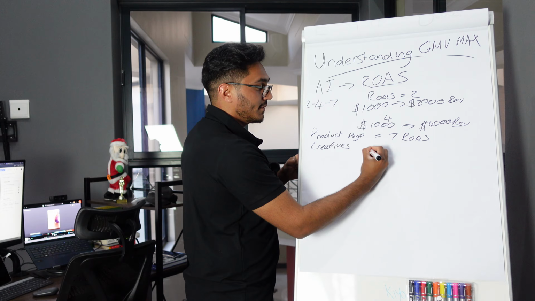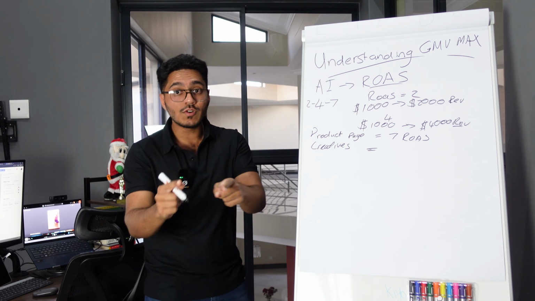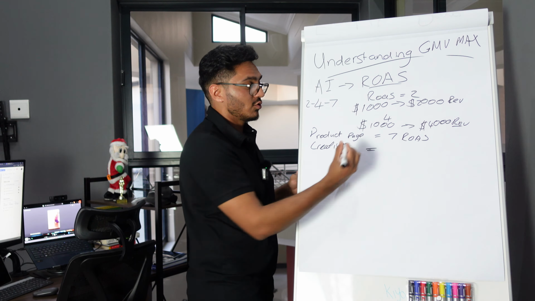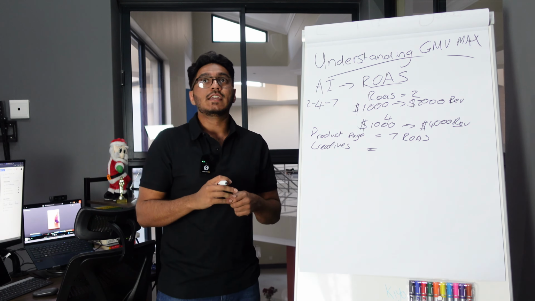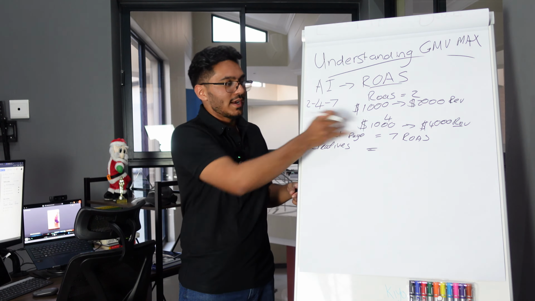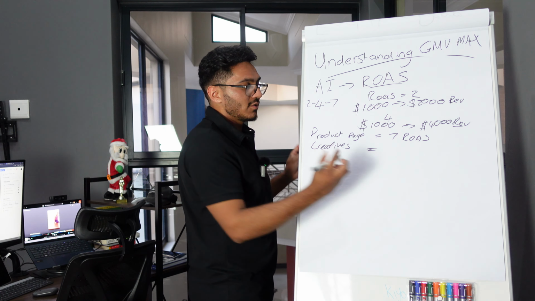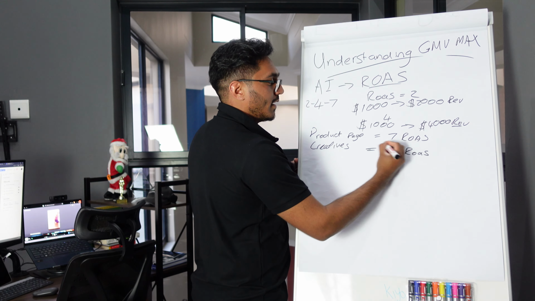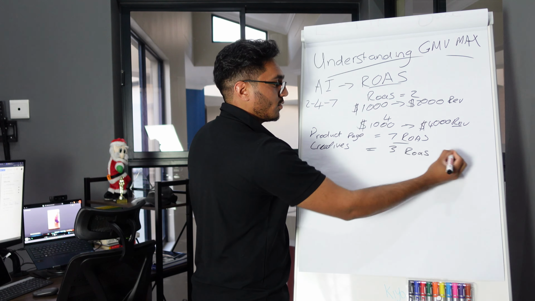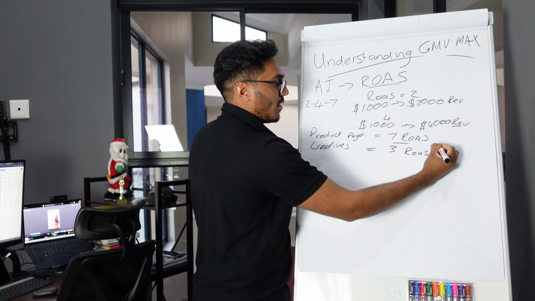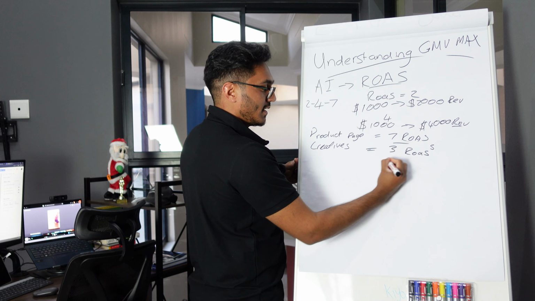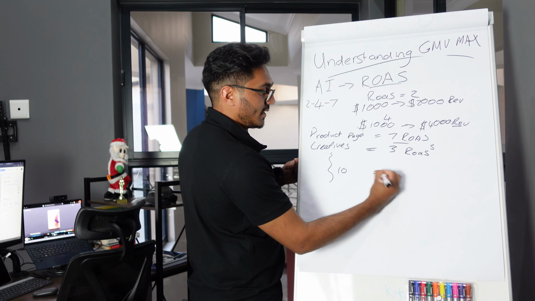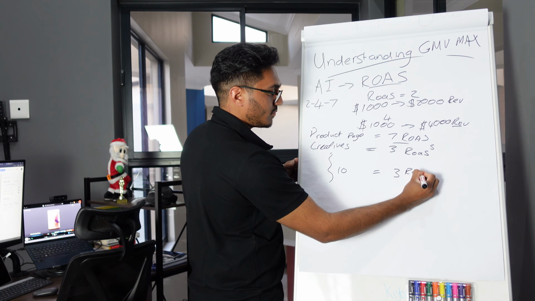Creatives, depending on how well you convert, will get a specific ROAS. Say the highest converting for whatever campaign this is is a 3 ROAS, and say you have maybe another 10 creatives that get a 3 ROAS.